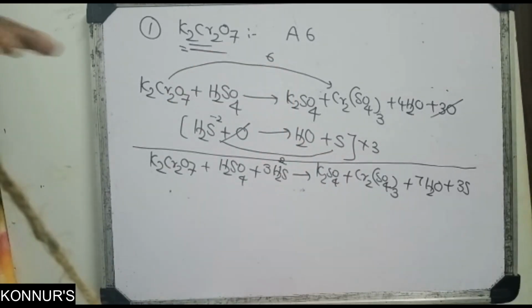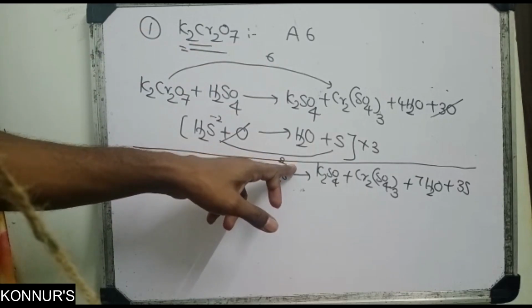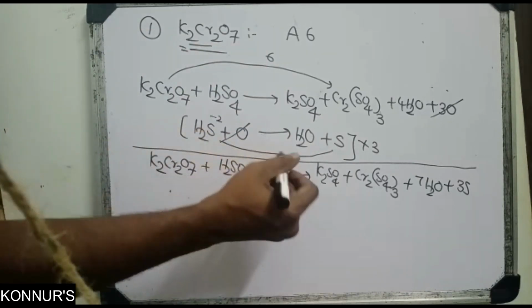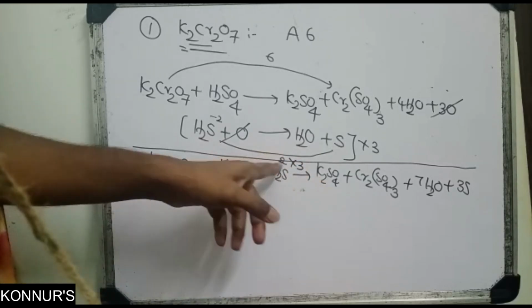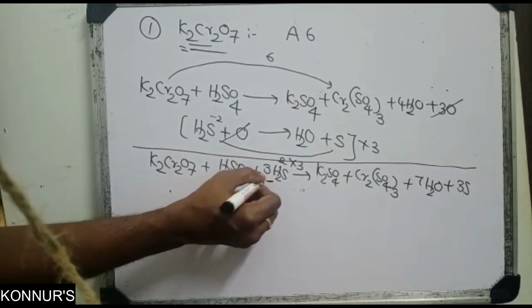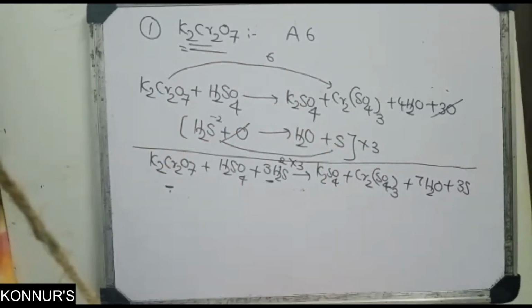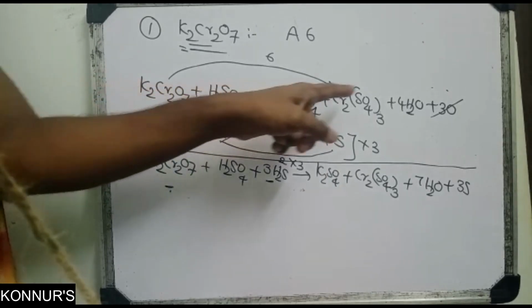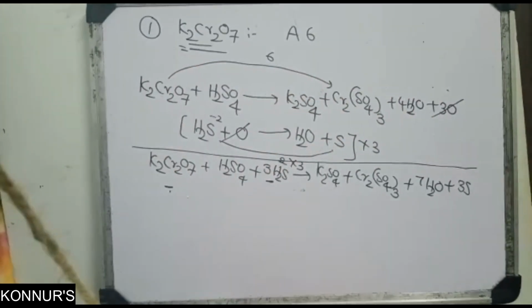So how do you get 6 and 2? You multiply by 3. So H2S is multiplied by 3. So directly your answer is over. Here 3 is coming, this is 6. Like that you can directly do the questions, whatever the question is. First of all you write down the basic equation, next those oxygens are taken by this one.